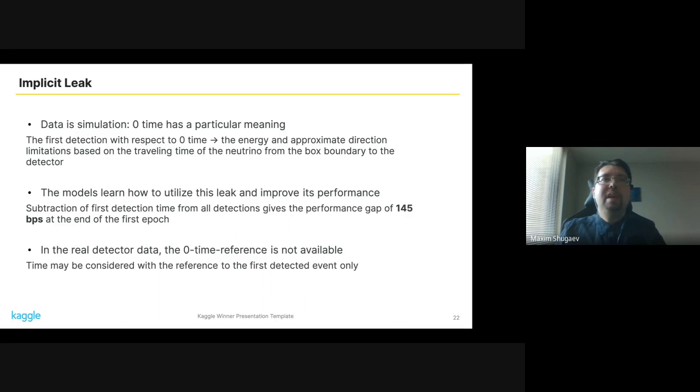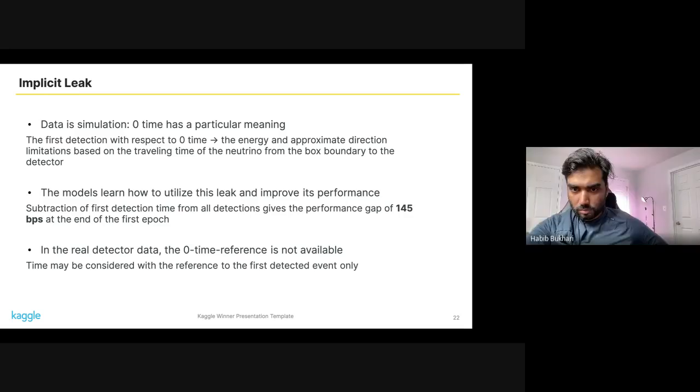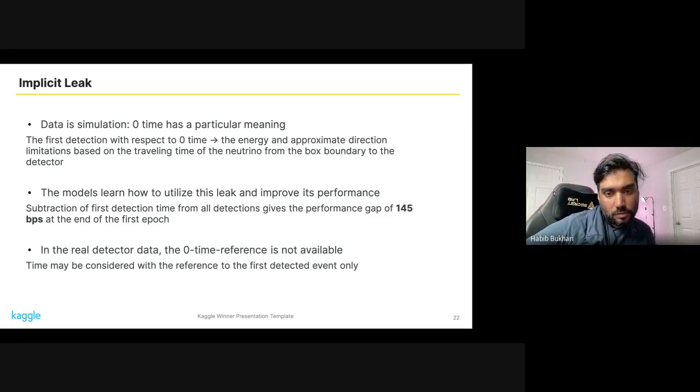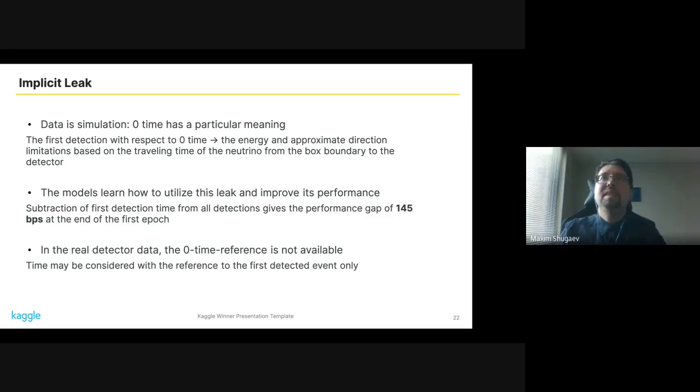To verify this hypothesis, we ran an additional experiment where we subtract the time of the first detection from all detections. This experiment gave 145 basis points worse results, so it confirms that our model is using this leak, similar to the organizer's baseline and the majority of participants of the competition.